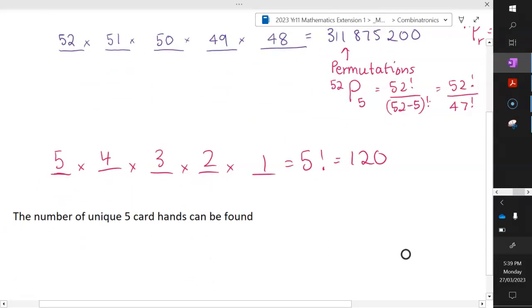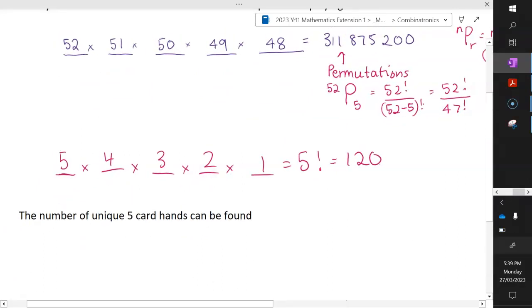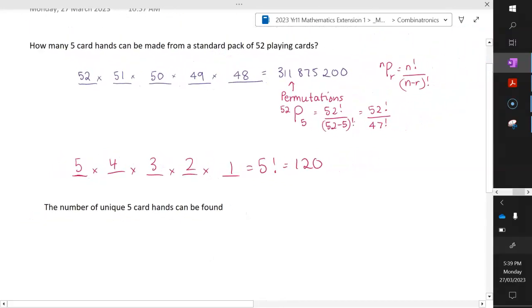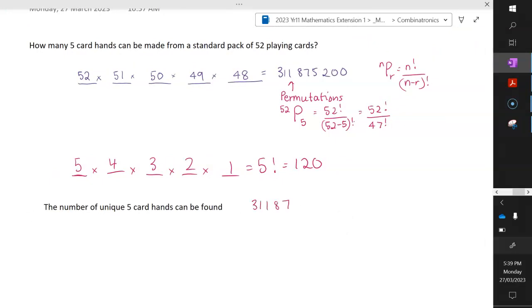So the number of unique 5-card hands, where I don't need to look at the order, can be found by dividing my 311,875,200 by the 120, which was the number of ways that they could be arranged within that 5-card hand. I'm popping that in the calculator.